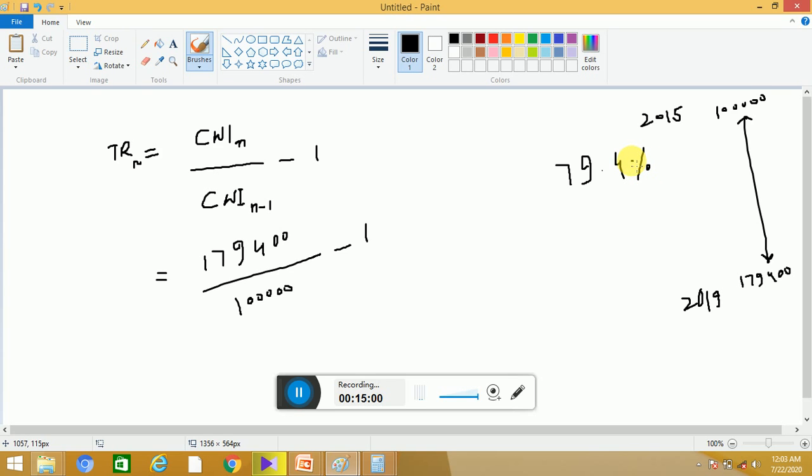That is the total return for these n periods of time, meaning we earned 79% return in these 5 years.